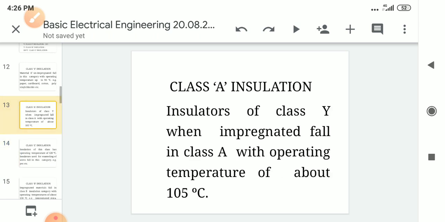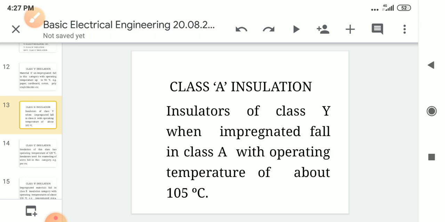So the class A examples are cotton, silk, impregnated paper, paper immersed in a liquid. Which type of liquid is that paper immersed in? It is immersed in dielectrics such as oil.